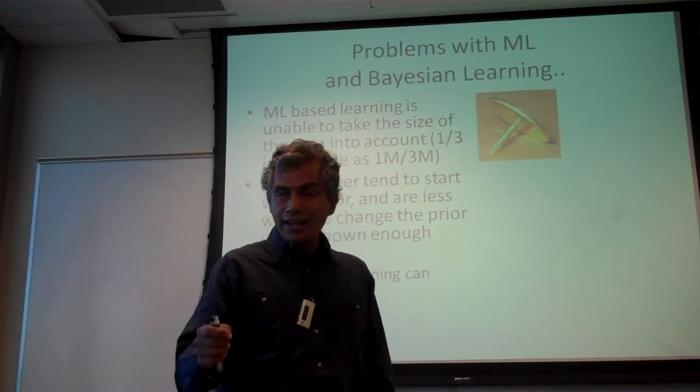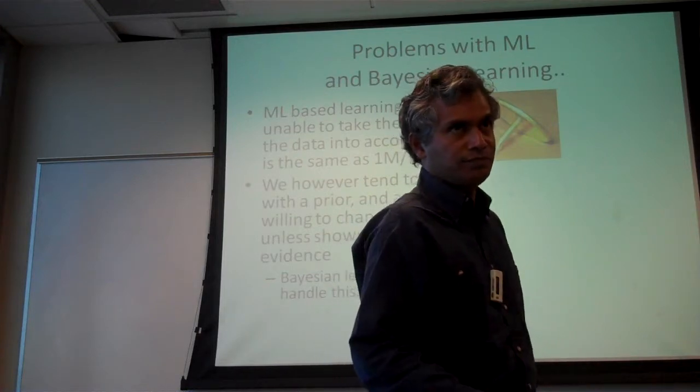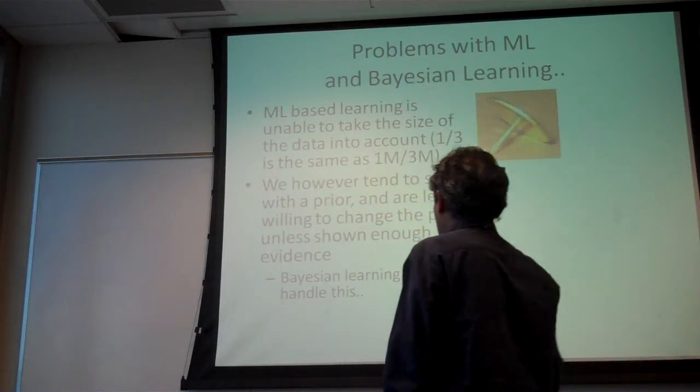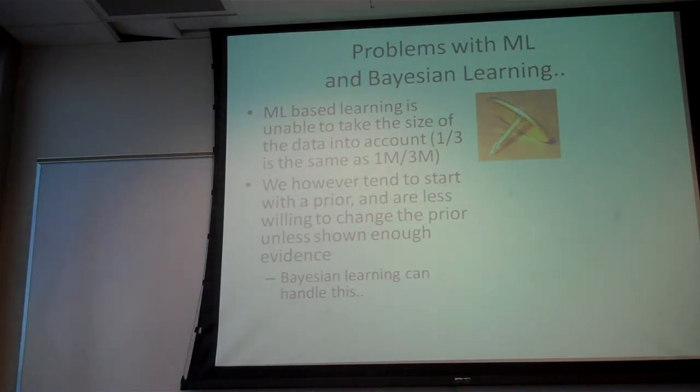And then the data can override it and push you in a different direction. So to do this, you have to keep track of the prior, and then update the prior to get the posterior on the hypothesis, which is what we talked about previously.